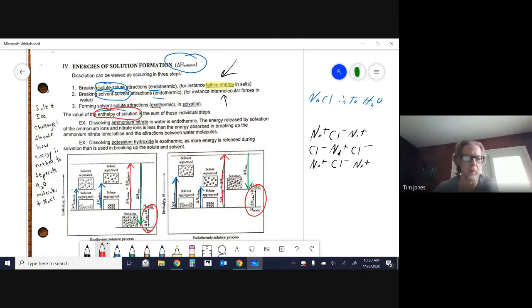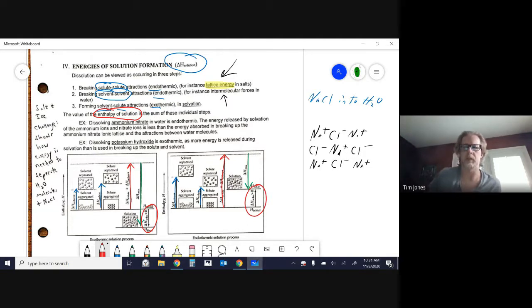And I give an example. Ammonium nitrate, if you just take this, it's ionic, and if you just put it in water, this is actually endothermic, the overall process. So if you did this, let's say in a beaker, and held the beaker, it would get cold because it's requiring energy from the environment, and so you would feel this. And this is actually used in cold packs.